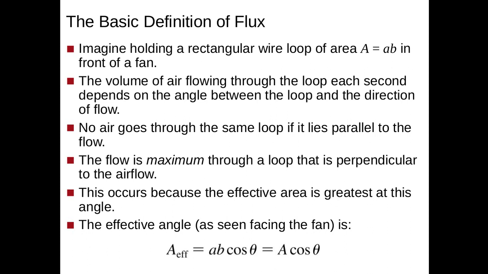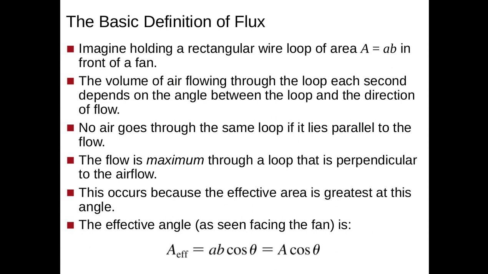So what was happening was the loop was in a uniform magnetic field, and as it rotated, you can picture, if that magnetic field was uniform and constant throughout the whole diagram, as you rotated that loop, there were more magnetic field lines passing through that loop. Now that didn't necessarily have anything to do with the torque on that loop, but this is just a good example to talk about the concept of flux.